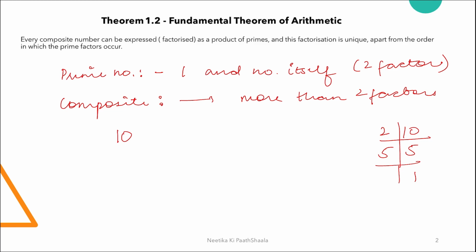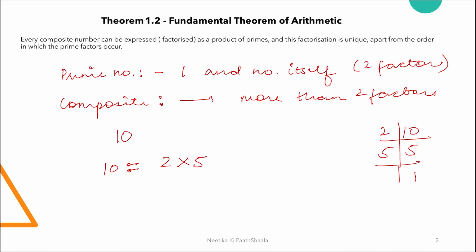So ये theorem क्या कहती है? This theorem states that every composite number can be expressed as a product of primes, irrespective of the order of the primes. मतलब एक number है हमारा composite number 10, उसको हम prime factors के multiplication के form में लिख सकते हैं। जैसे अगर हम 10 को लिखना चाहें, तो it can be written as 2 into 5.